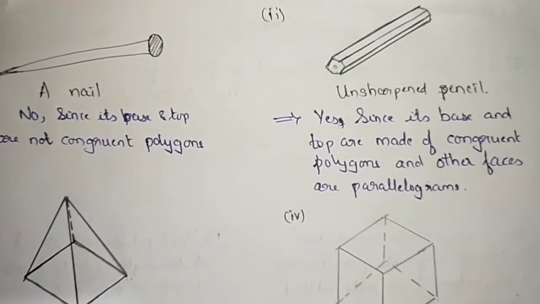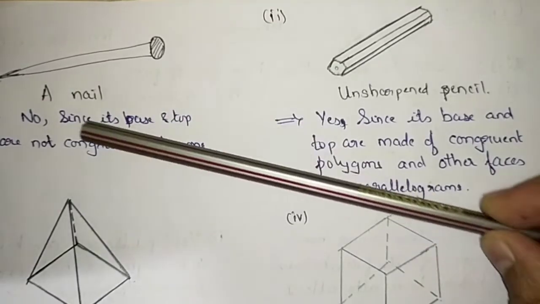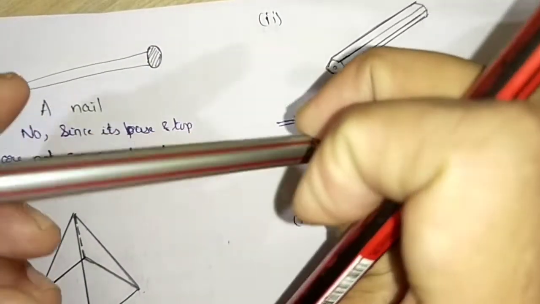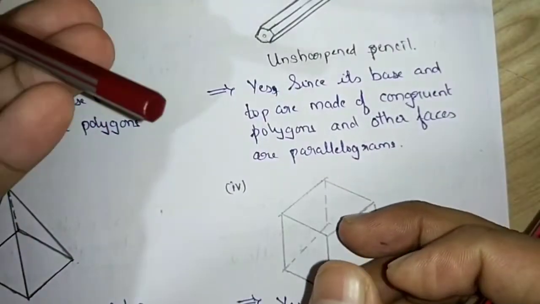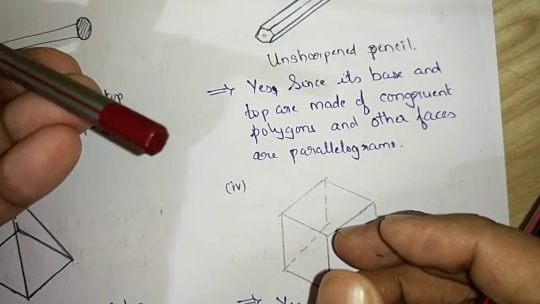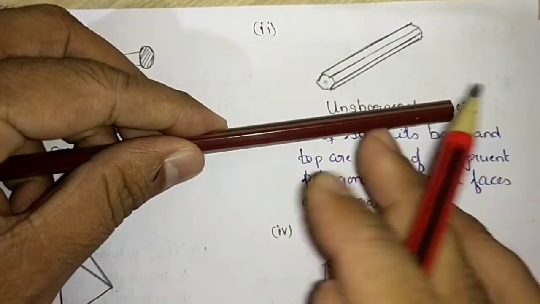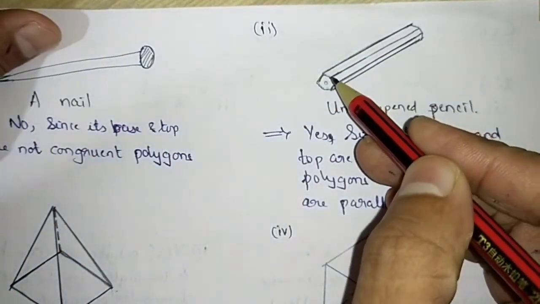Now moving to the unsharpened pencil. Here you can see the unsharpened pencil. Both the ends have the same shape and same size, and the other parts you can't see properly here, but here you can see the other parts.